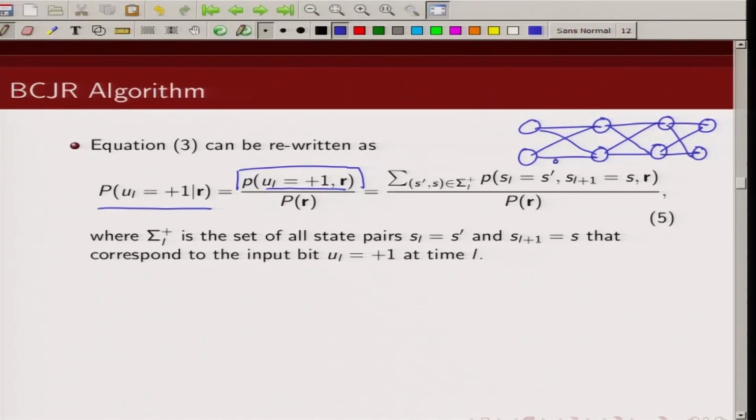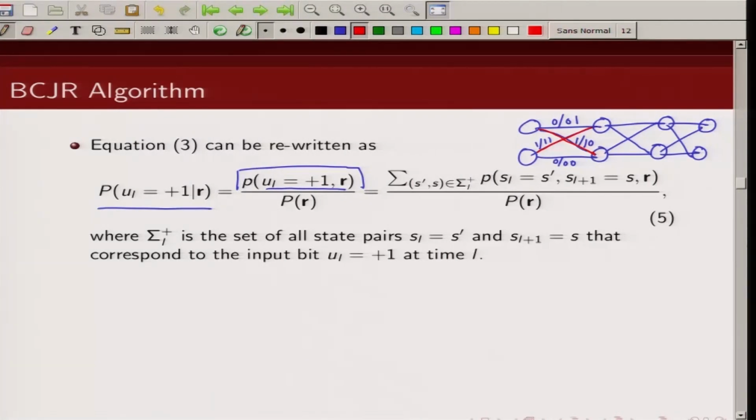Let us say this is 0/00, this is 1/11, this is 1/10, this is 0/01. Let us look at one trellis section. We are interested in all those transitions which belong to UL +1. What are those transitions? In this example, this is one such transition and the other is this transition.